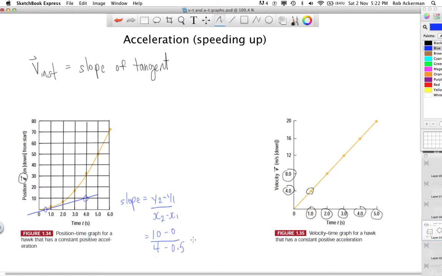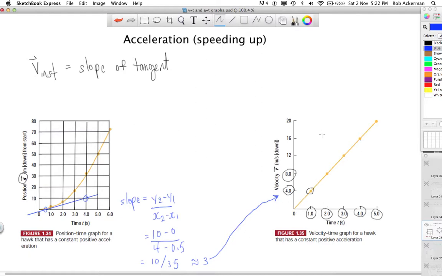So I'd be doing approximately, remember these are just approximate numbers, 10 divided by 3.5, which is approximately equal to 3. I'm not going to bother with a calculator because the point is just to get an idea of how they produced the velocity graph. They said 4. Okay, well maybe I didn't do a very good job of drawing my tangent. But my point is, if you did tangents at all these different points, you could construct a velocity graph.